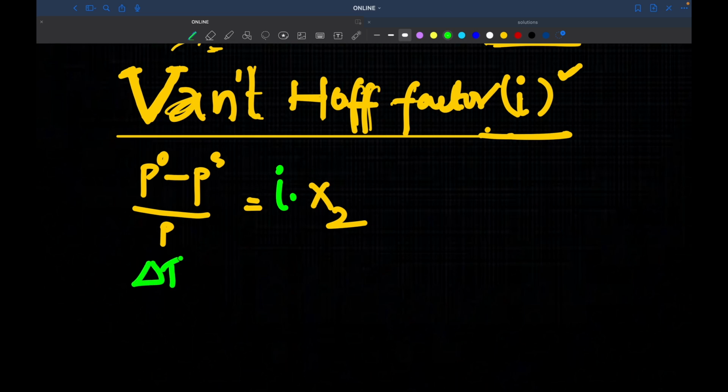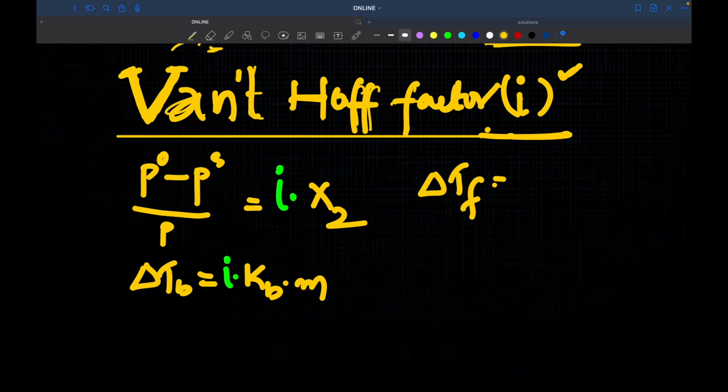So we have delta TB, which equals, what is the formula? Delta TB equals Kb into molality, but according to the Van 't Hoff factor you correct it by i. Delta TF equals Kf into molality, but if you have association or dissociation you correct it by i. What is the osmotic pressure?